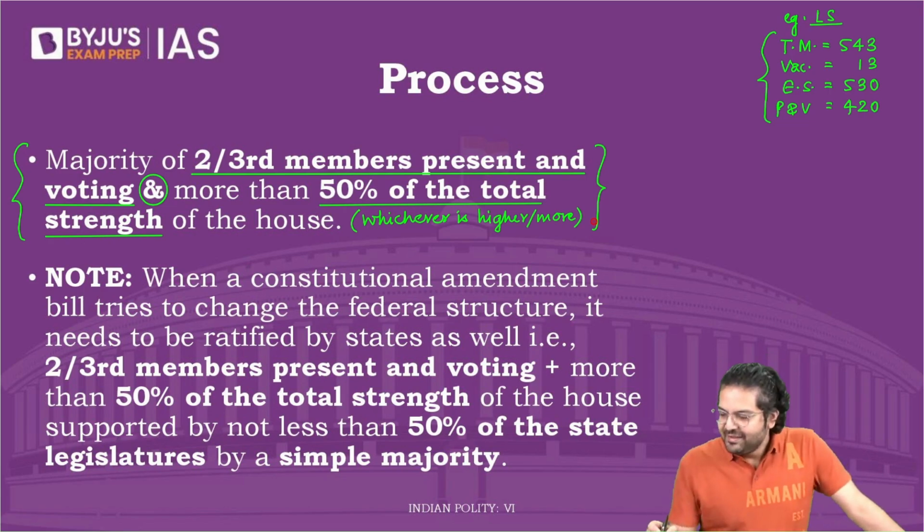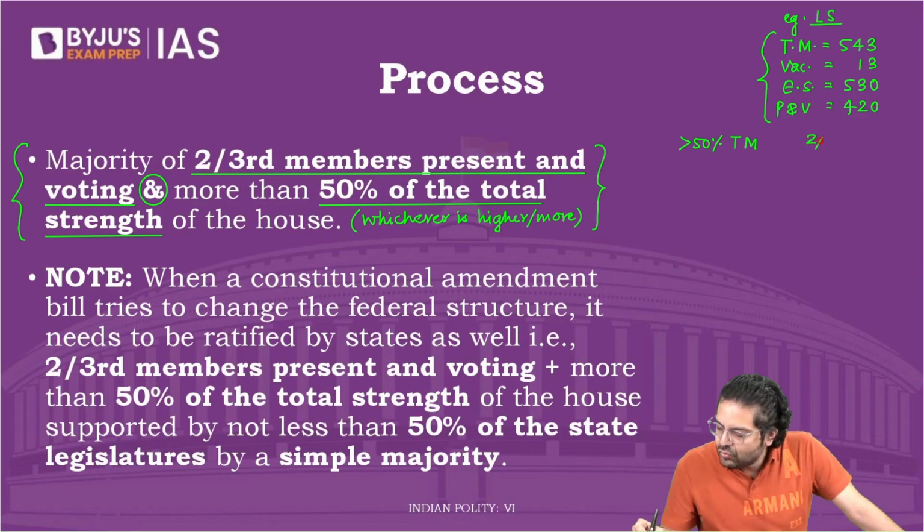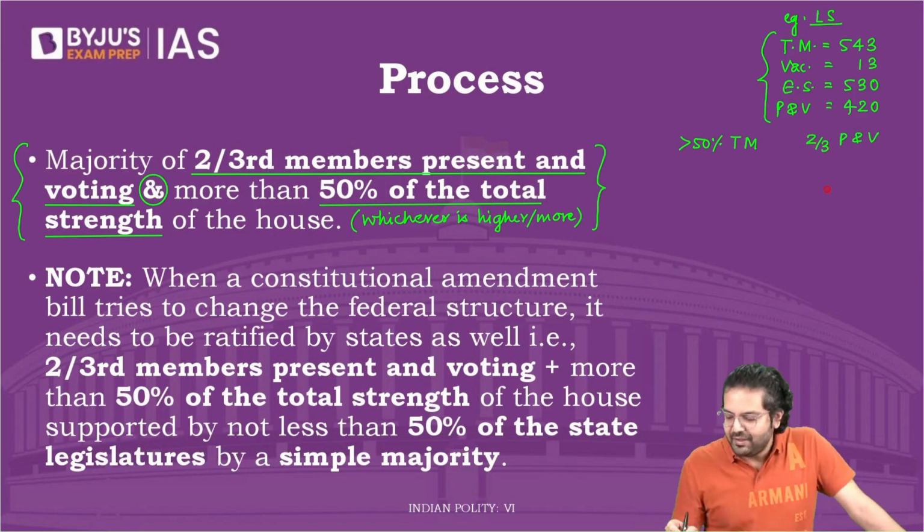Now, let's look at this. Two things are required: more than 50% of total membership and 2/3 of PNV. Let's calculate.